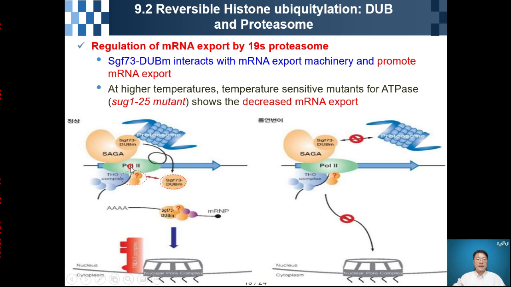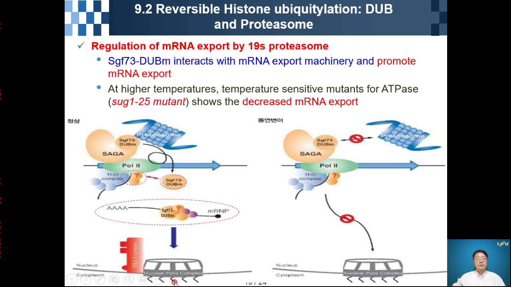Usually RNA polymerase synthesizes the mRNA, and at that time the mRNA export machinery binds to the mRNA. After that, SGF73 and the DUBM and the other mRNA machinery bind together. After that, it promotes mRNA export to the cytoplasm.